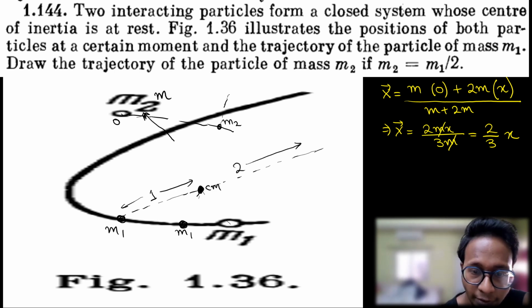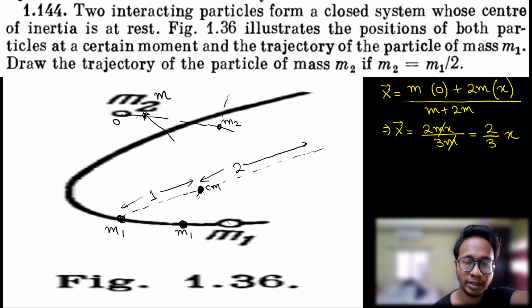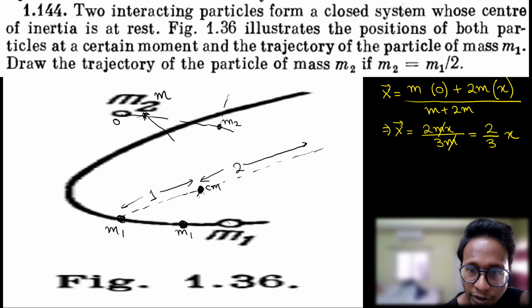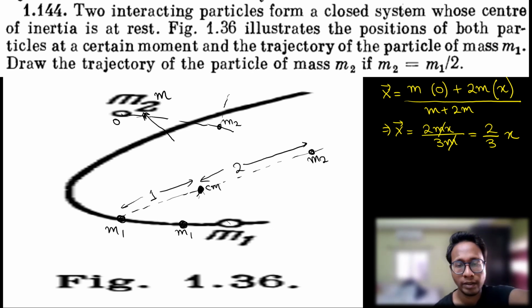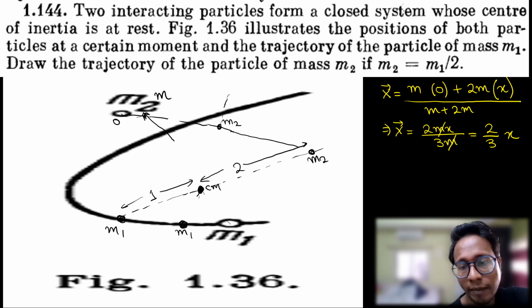That means if I draw a straight line and measure 1 out here, the double of this distance measured out here would be the position of M2. Suppose I have to take 2 units of the same length from the center of mass, then the position out here would be M2. So the next position would be out here.